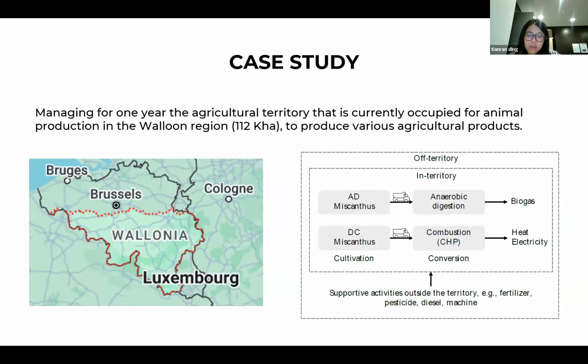That scenario also tells us that to achieve our low carbon scenario, we want to have more bioenergy production. So we explored two alternative scenarios, having bioenergy crops, miscanthus, for biogas or heat and power electricity production.